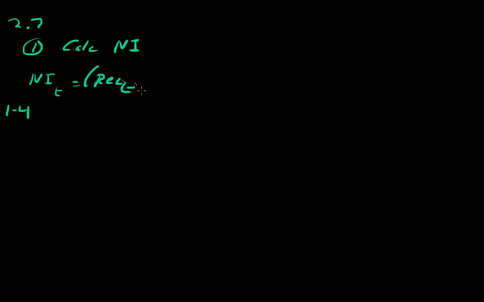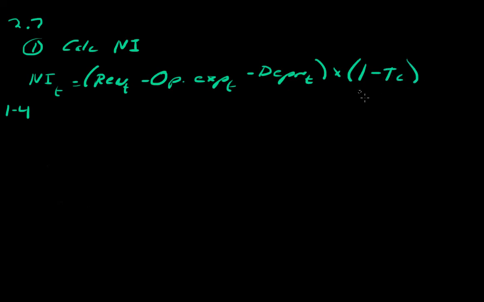Net income in this case is simply the revenue that we get, less operating expenses, minus depreciation, and we simply need to tax effect that. So 1 minus the corporate tax rate.